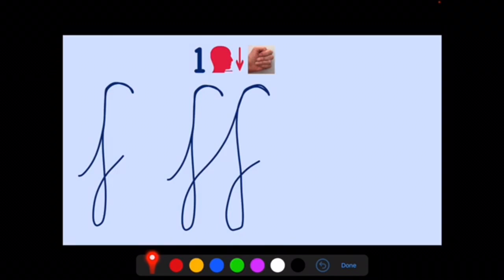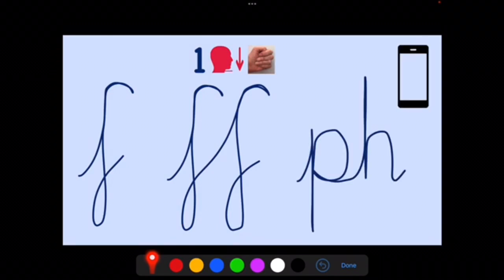But we also need PH, the spelling for F. It's in quite a few words, but one of the most common is phone. And, of course, photo. I think that would probably be one to treasure.